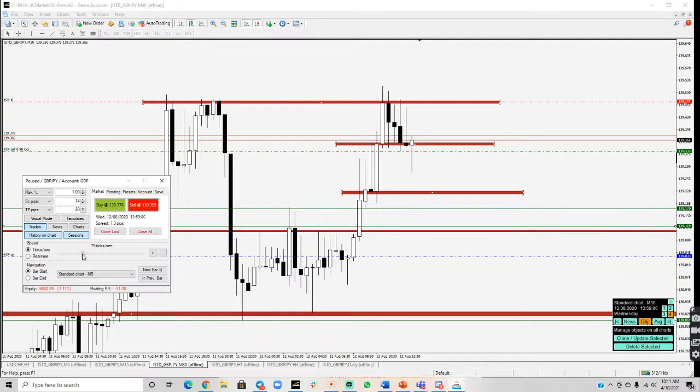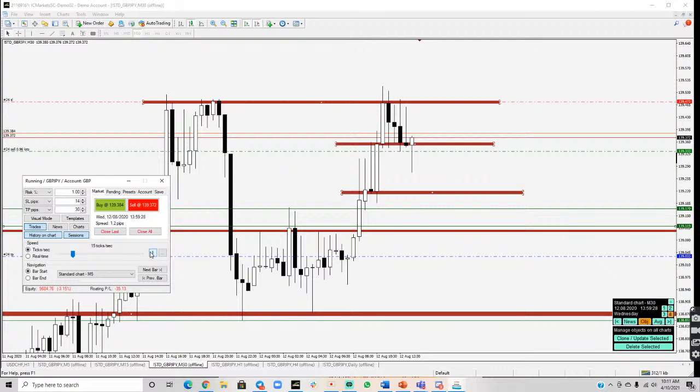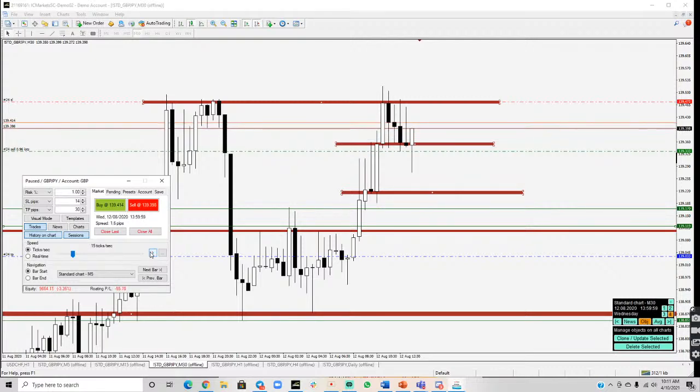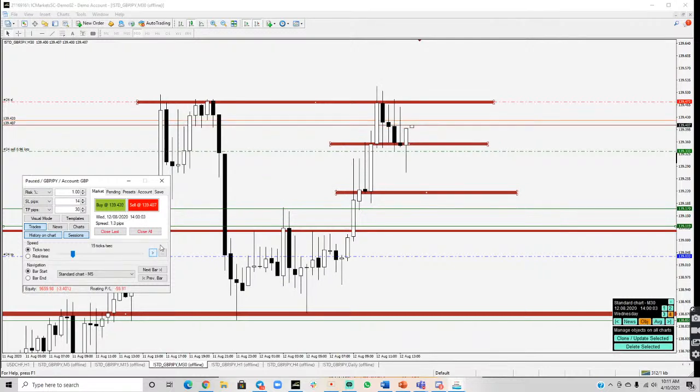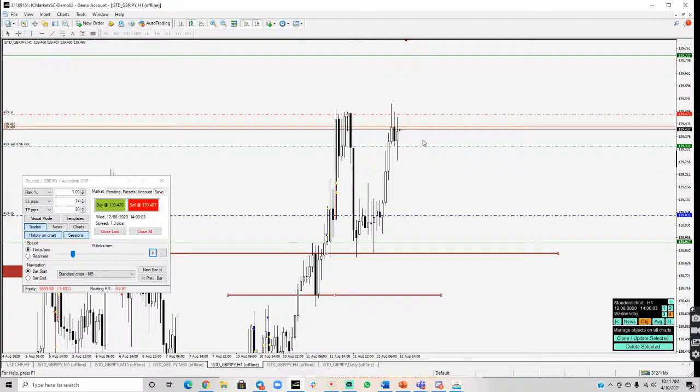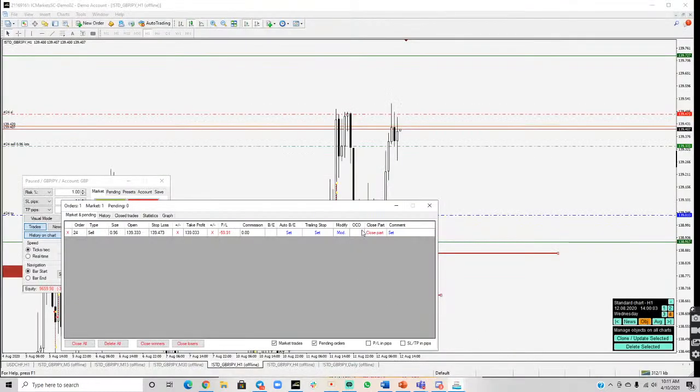So let's slow this down a bit. Yes, so as you can see, this candle closes in the range. The 1-hour candle also forms support. So, you know, just have to knock off 50%. Close partial, close 50%.